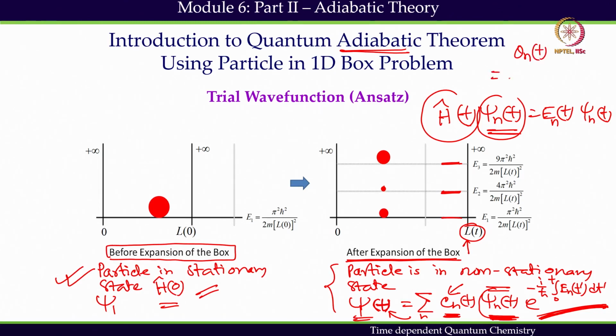Theta n is actually minus i by h cut, integral from 0 to t of E_n(t') dt'. So this entire integration is theta n, and we will just replace it by theta n.